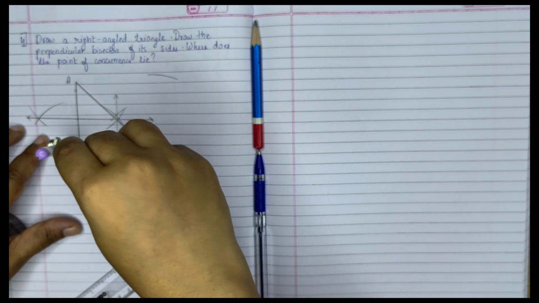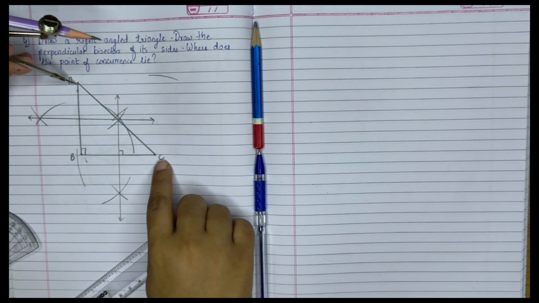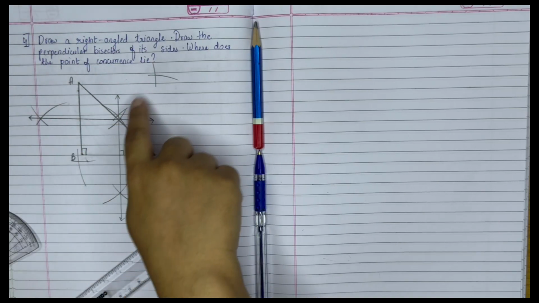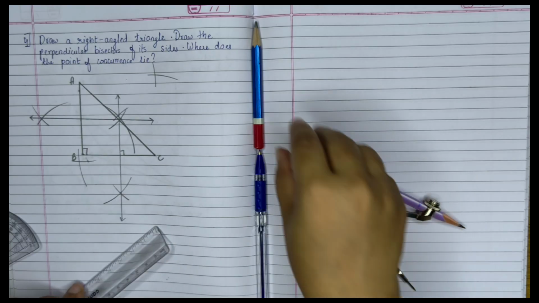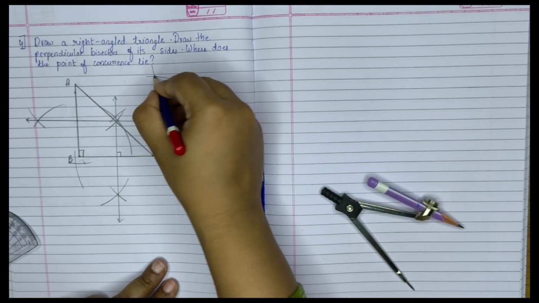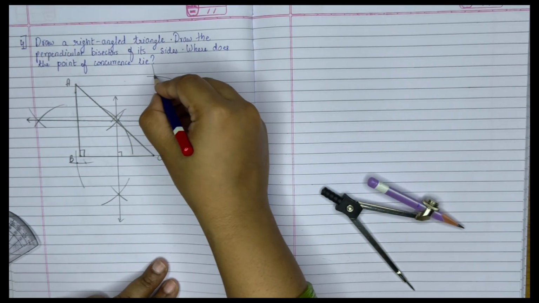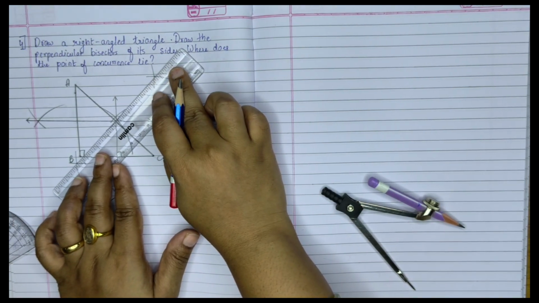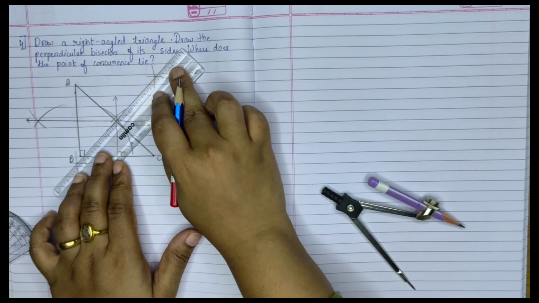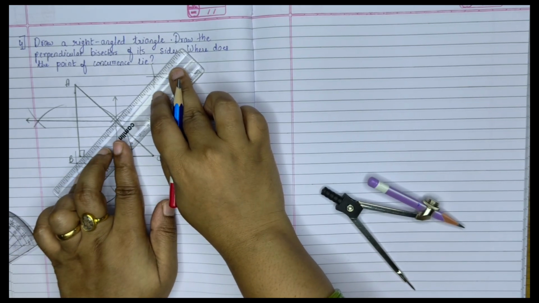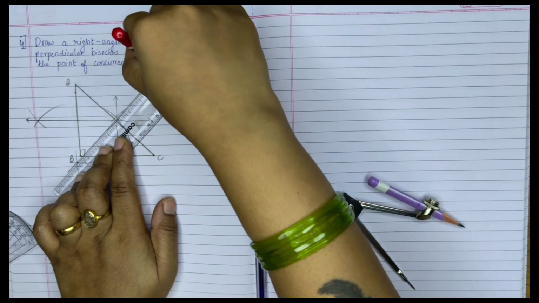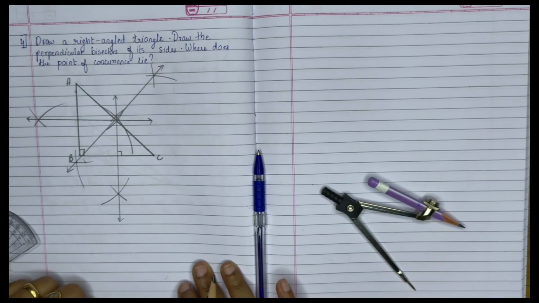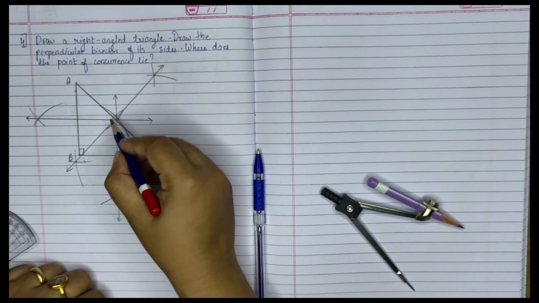So from both the sides, draw arcs from here and from this side. Now we will join that. Join this.